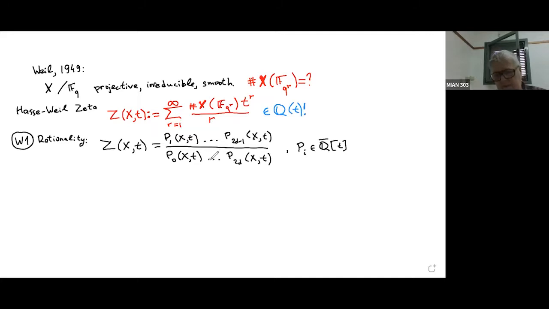In this form, the statement is almost void, but soon in the other conjectures we will give an interpretation of the degrees of all these 2d plus 1 polynomials.